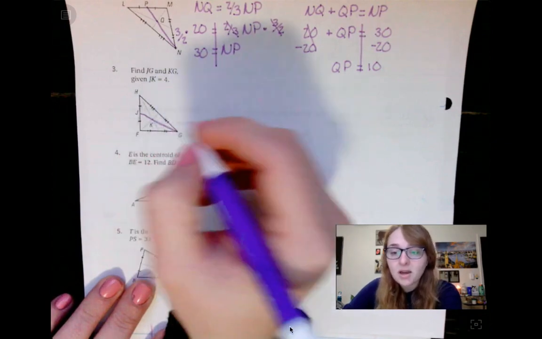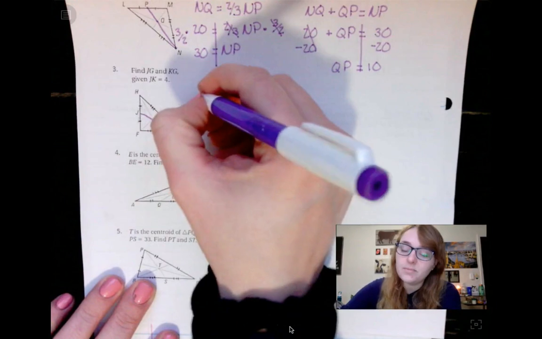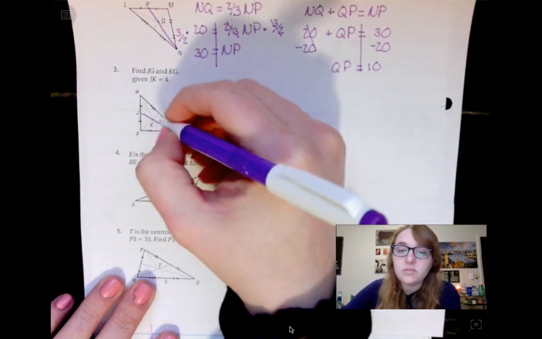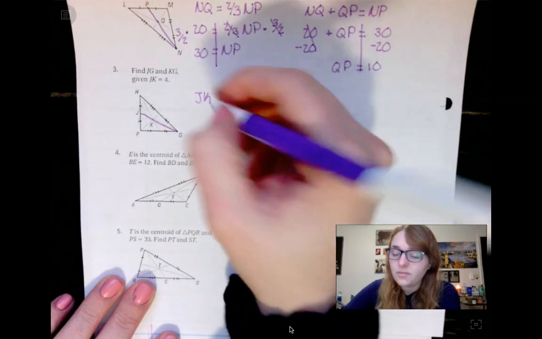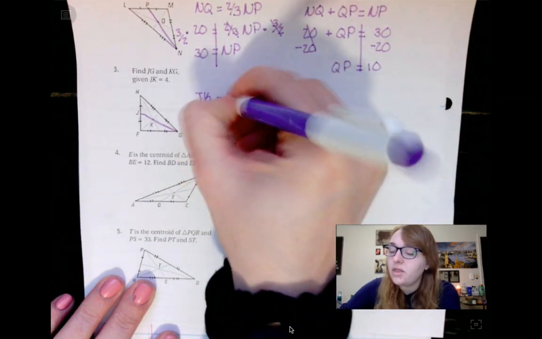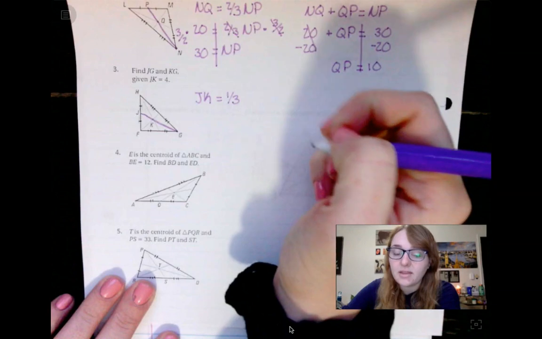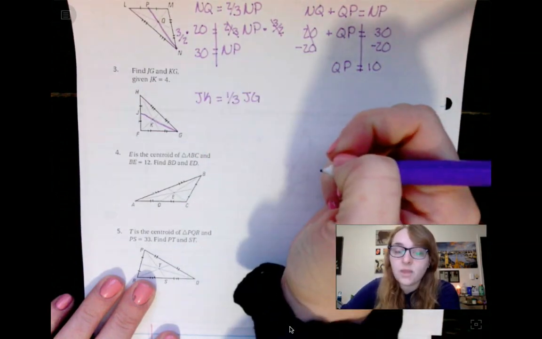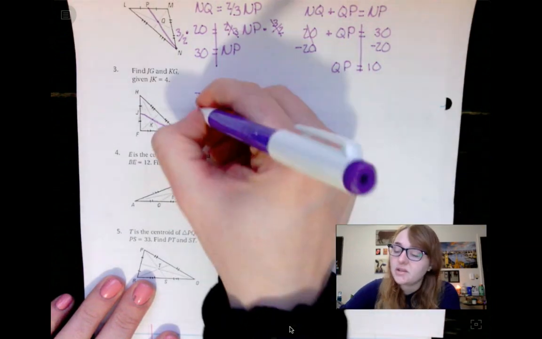So we're going to set up another equation here, and that is that JK, centroid to midpoint, is equal to 1/3 of the entire length of JG. We know that JK is 4.